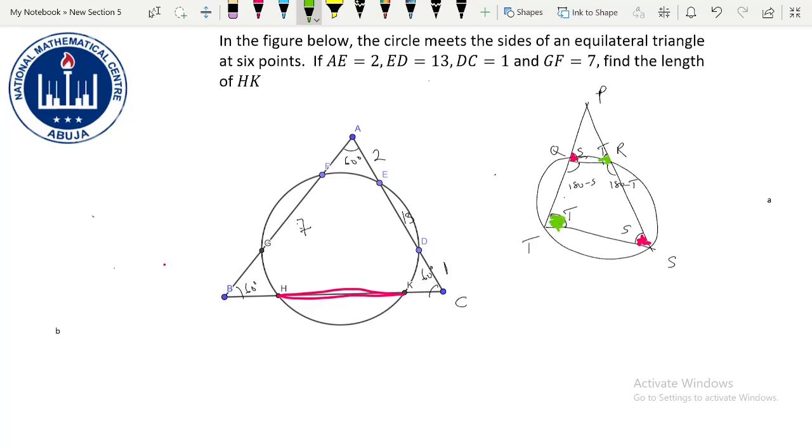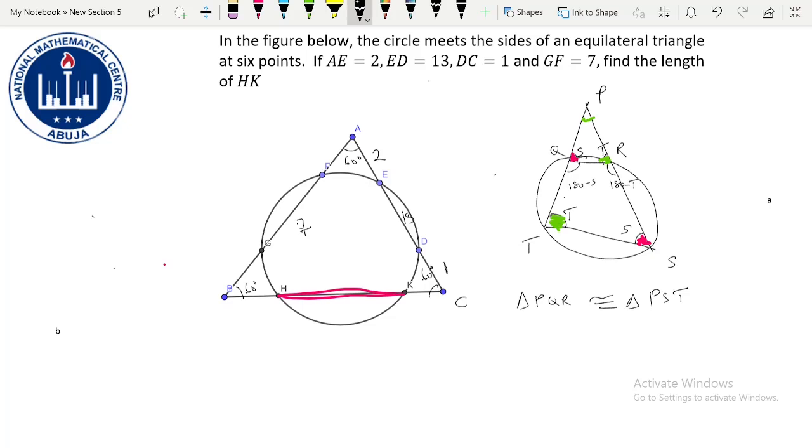And this angle P is common to both triangles. So you can see that triangle PQR is similar to triangle PST. You can just check this, right?